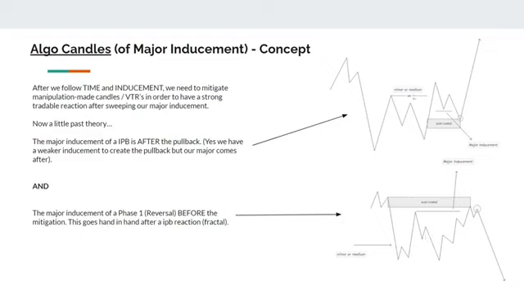But when we have a minor medium inducement pullback, it's after, but if we have a major here, it's obviously before the mitigation, because we run rather than pull back and continue.